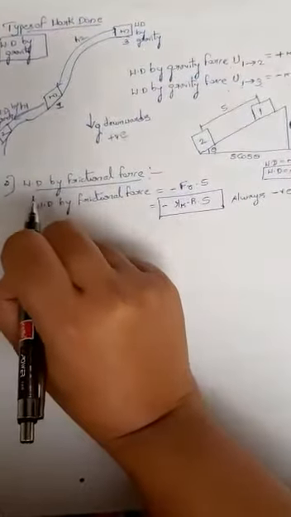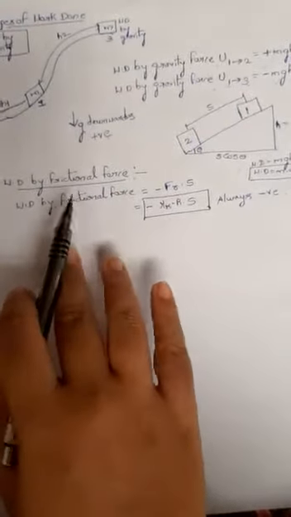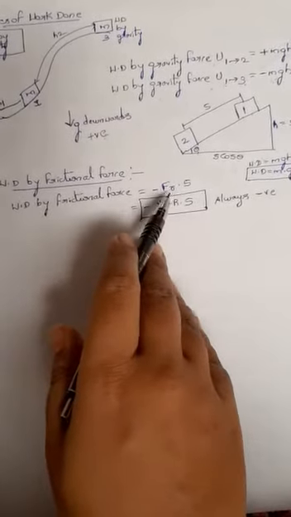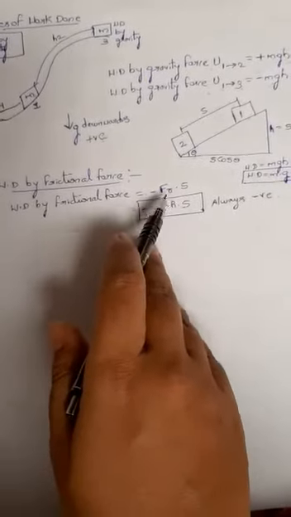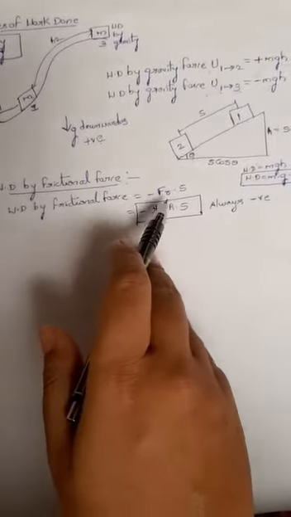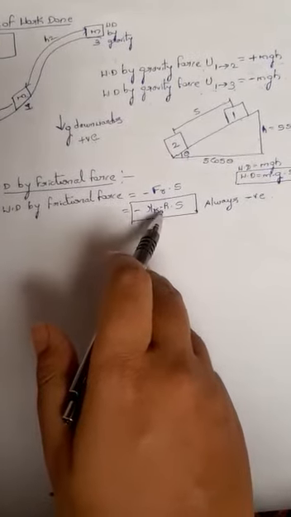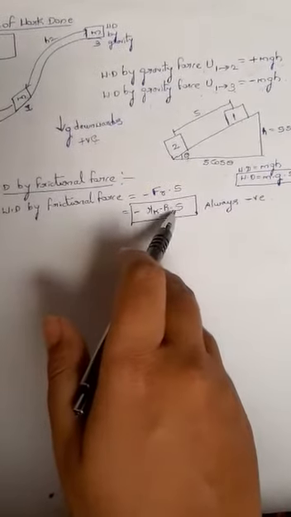Next, work done by frictional force. We are familiar with the frictional force. Work done by frictional force is nothing but the product of frictional force multiplied by its displacement. Frictional force is the product of the coefficient of kinetic friction multiplied by the reactive force, and into s.